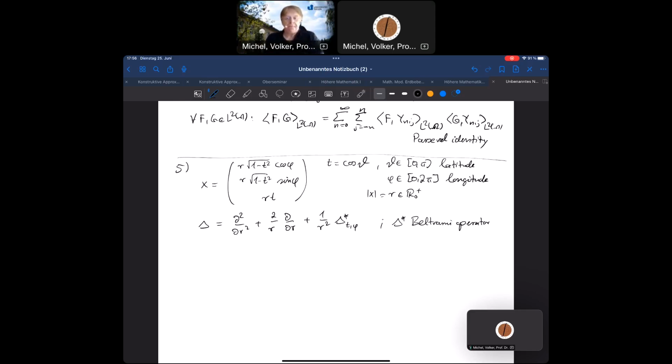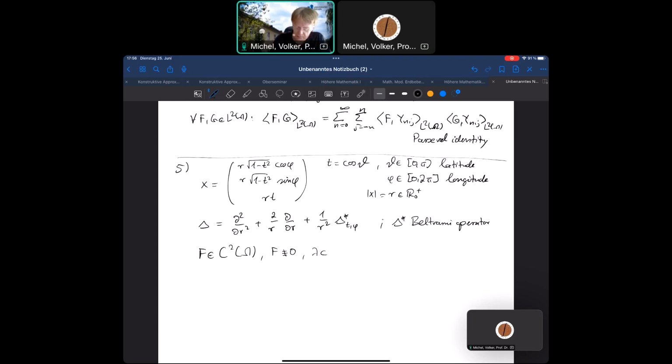Okay. So now, why is that important? Because you can ask a question, which is, what are the eigenfunctions of the Beltrami operator? So I'm looking for, first of all, a function f in C2 of omega, because the Beltrami operator contains derivatives up to second order. f should not be the zero function.